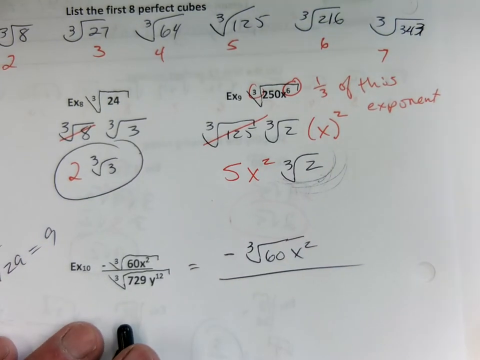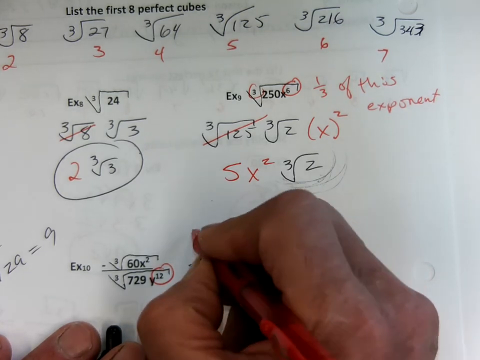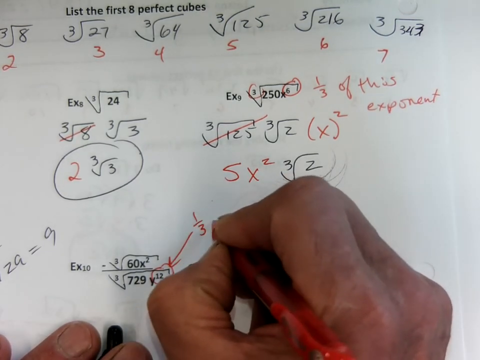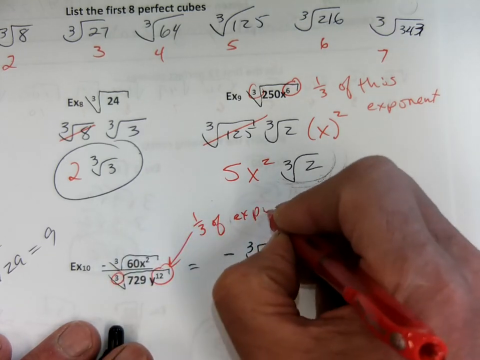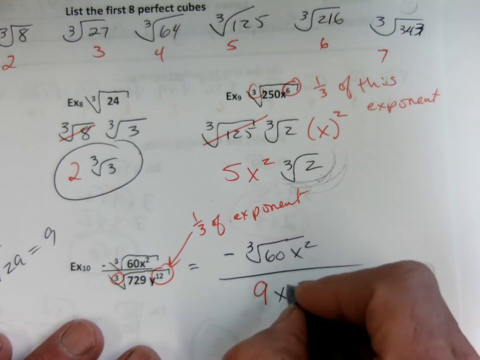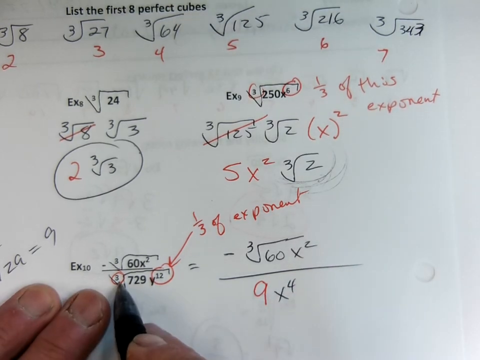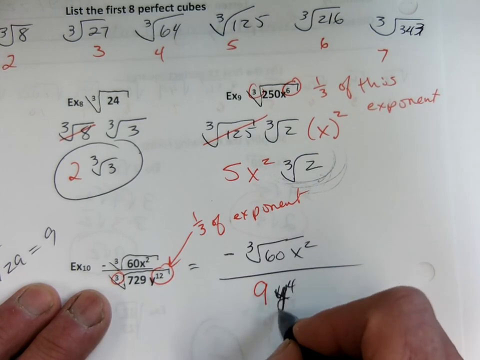So we're going to have a 9. And then we're going to take a third of that exponent, and we get an x to the 4th. So we take a third of x, y. There we go. Thank you.